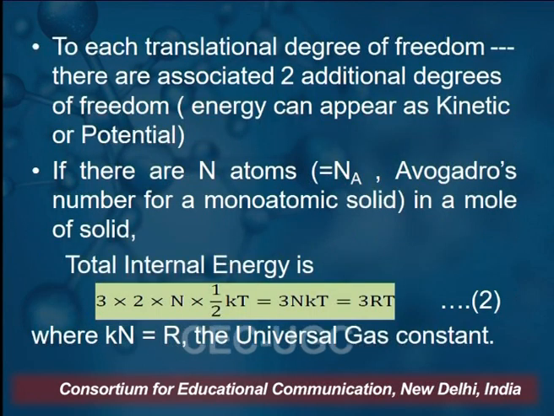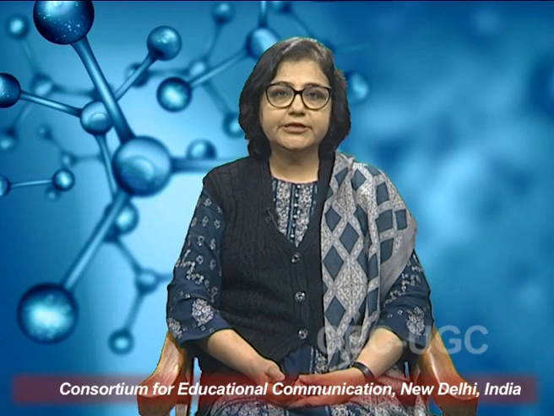Now, to each of the translational degrees of freedom, there will be 2 additional degrees of freedom. That is because energy can appear either as a kinetic energy or as a potential energy.